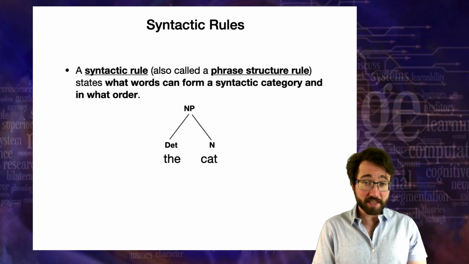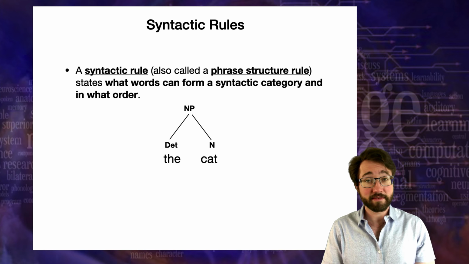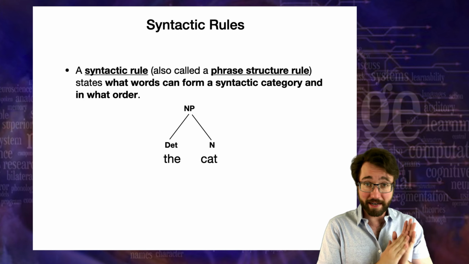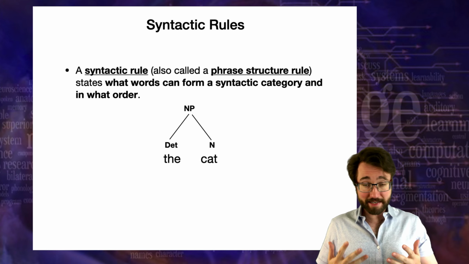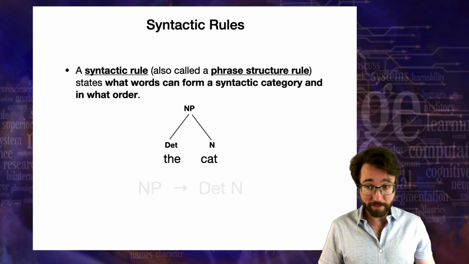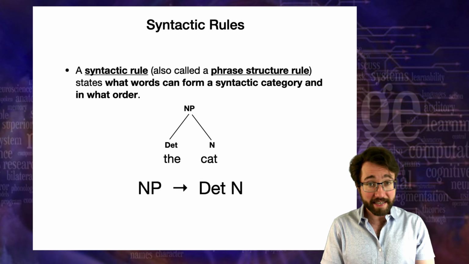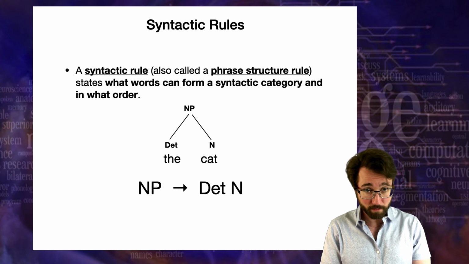So remember we saw structures like this. This is a noun phrase which consists of a determiner "the" followed by a noun n. What this shows us is that a noun phrase in English can consist of a determiner followed by a noun. And so we state that using a syntactic rule that looks like this. This is a syntactic rule.